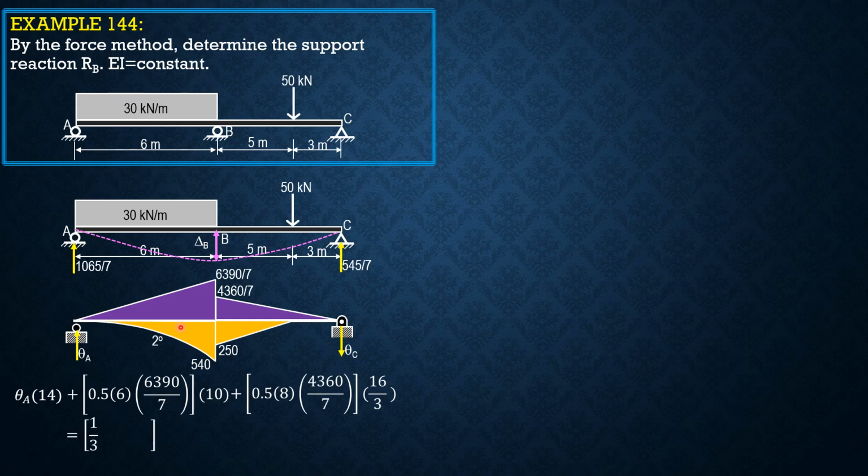curve area. So 1/3 of 6 times 540. 6 over 4. 6 over 4 is 1.5 plus 8, so 9.5. Then plus 0.5 of 5 times 250. 2/3 of 5 is 10/3 plus 3.